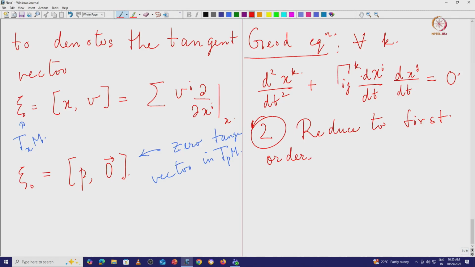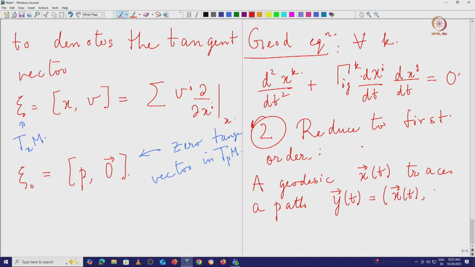The trick always is that you simply set... you should realize that a geodesic x of t traces a path y of t given by x of t and its velocity vector in this fancy W, right. So if I want to write an equation for y, I do the following.